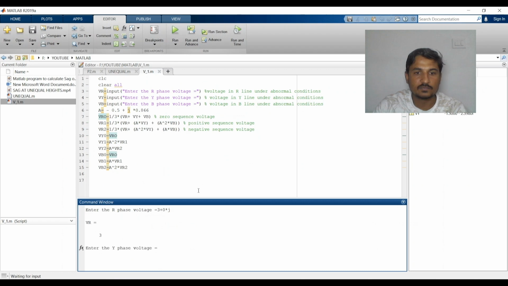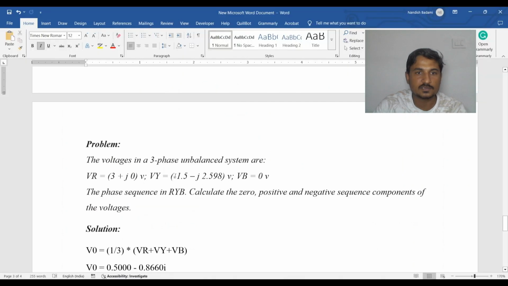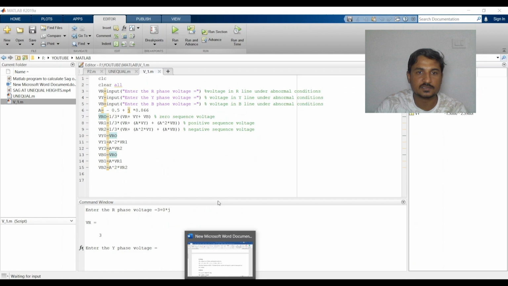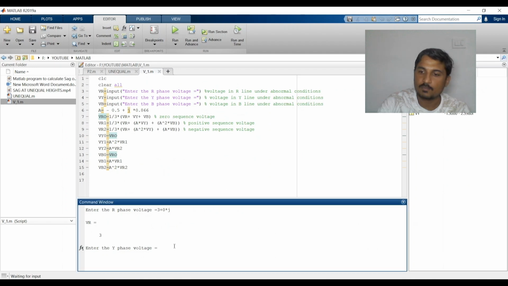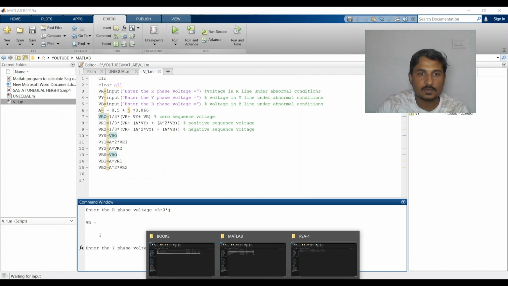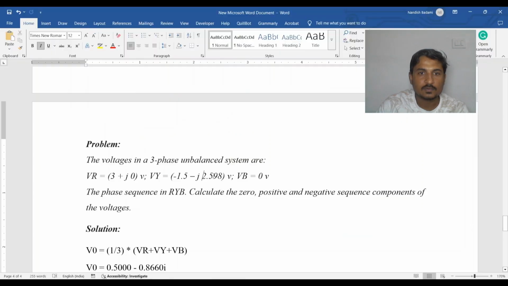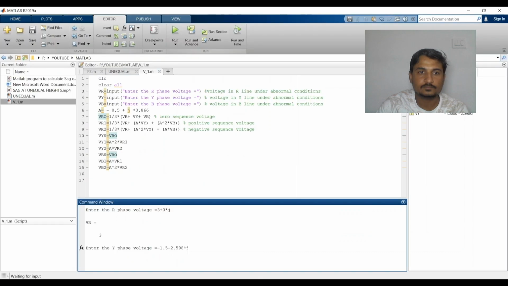And the Y phase voltage is minus 1.5 minus 2.598j, right?